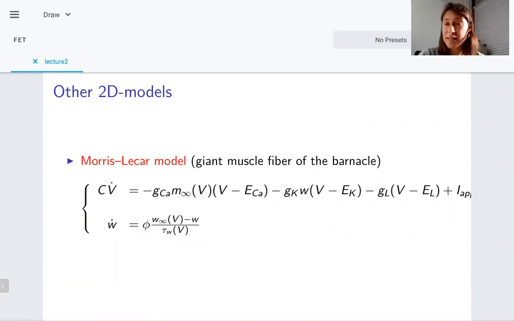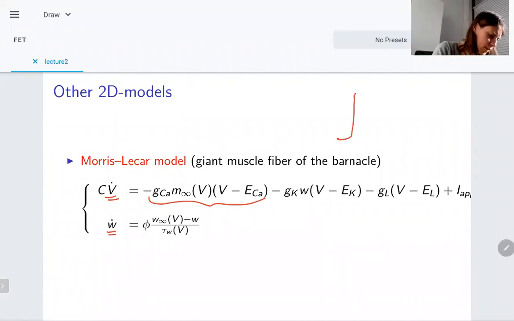And this again is a 2-dimensional model that involves the variable voltage, and a gating variable, in this case W. But as you can see, it has the same shape as the reduced Hodgkin-Huxley model. Here it has this term here, which is the ionic current corresponding, in this case, to calcium, but calcium plays the same role as sodium, okay? Which is that when these channels open, basically it depolarizes the cell. It causes the voltage to rise.